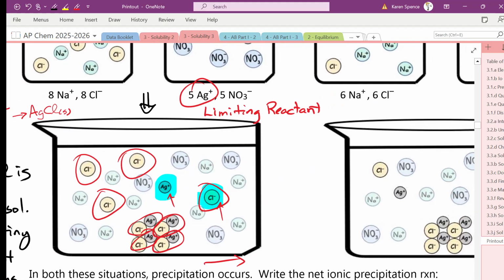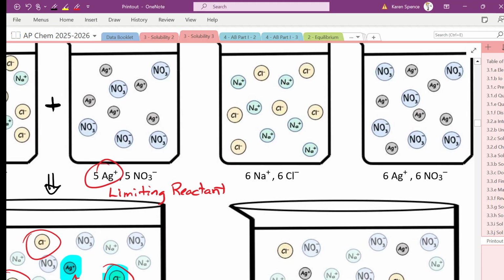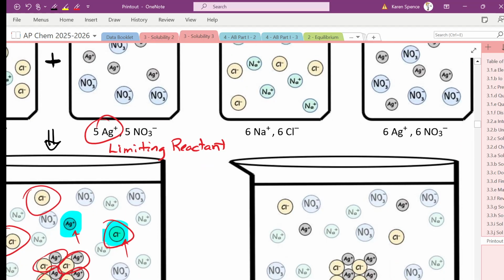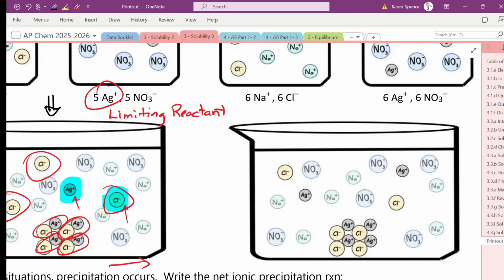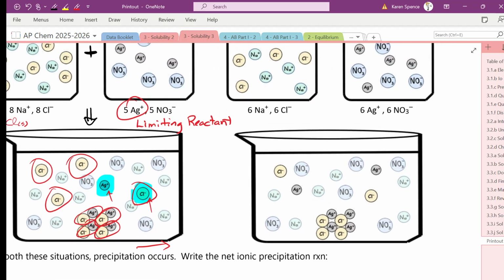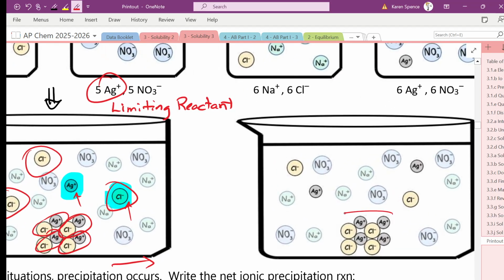Now, I might have a different situation in which I have only 6 sodiums and 6 chlorides, and 6 silvers and 6 nitrates. And guess what? I have AgCl, which has precipitated, and I still have some silver and some chloride floating about.